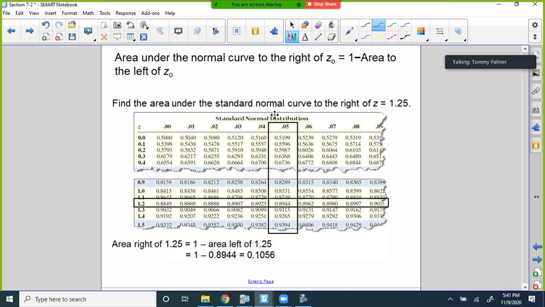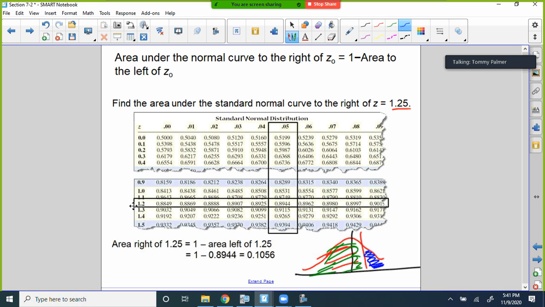So if we're looking at this, find the area under the standard normal curve with a z-score of 1.25. We know that that encompasses some area to the right of the mean, all the way down to the left, right? So if you kind of look at it, it's kind of looking like this, with this being the mean. So we're looking at all of this. And if they want the right-hand side, then they're looking at the blue, right? But the table is only going to give us the green.